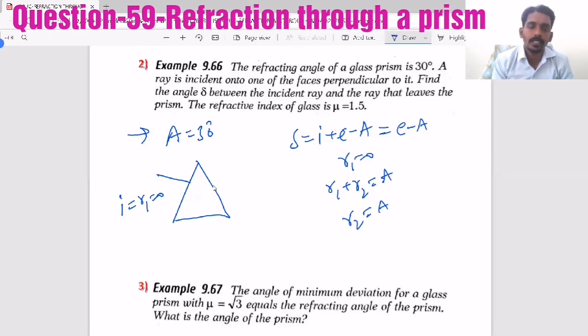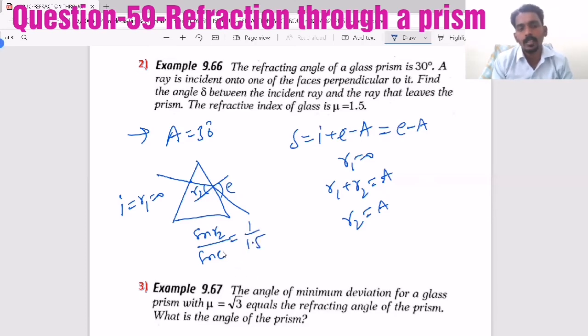So then here it came and fell here somewhere. Now this is R2 and this is E. Then you can apply sine R2 by sine E equal to mu 2, that is 1, by mu, that is 1.5.